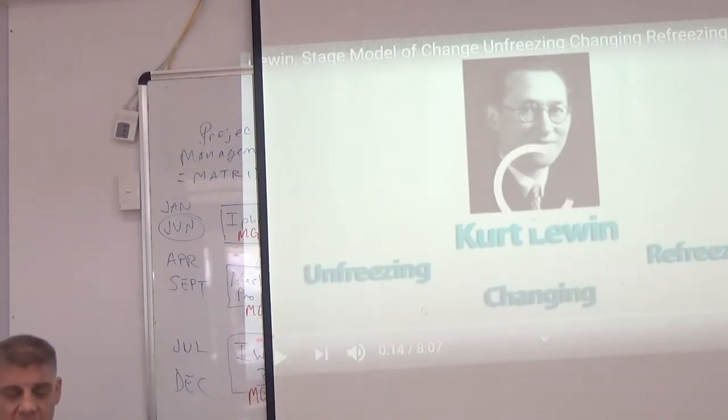This stage involves lots of leadership, lots of staff meetings, lots of stakeholder involvement, small group workshops, as we saw before. One of Lewin's theories is that groups of workers are more important than individual workers or the whole organization.